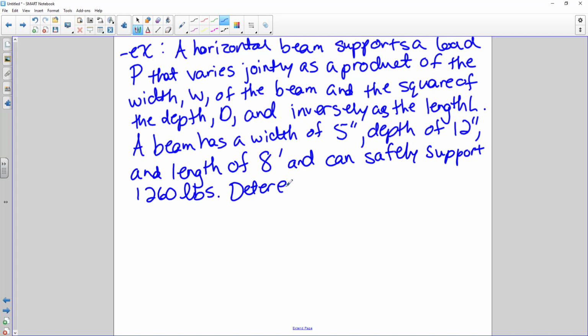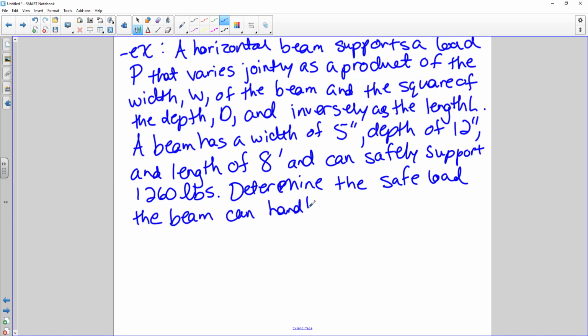Determine the safe load the beam can handle if it's 20 feet long.